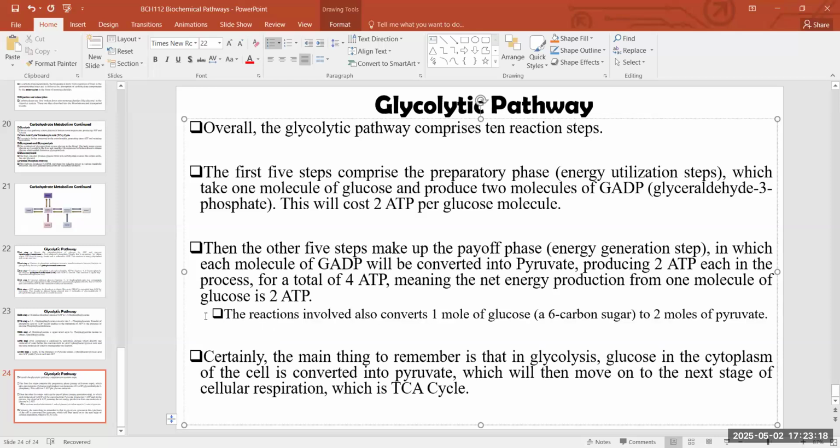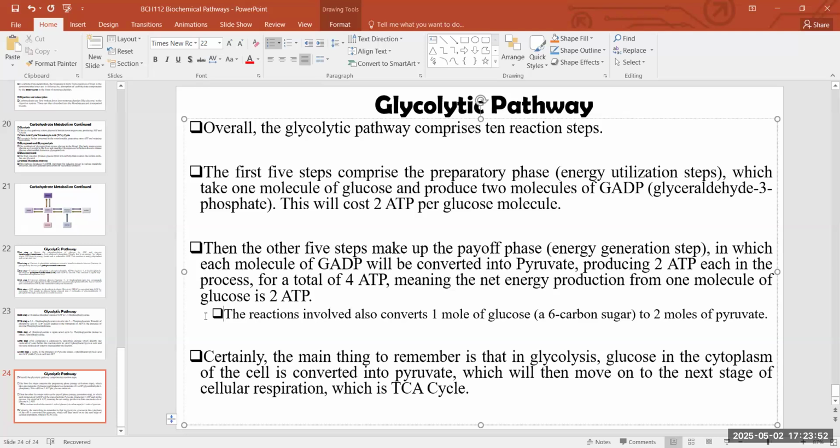If you could recall, in our last class we learned about the last 5 steps of glycolysis, where we saw how the two molecules of glyceraldehyde 3-phosphate are sequentially converted to 2 molecules of pyruvate.